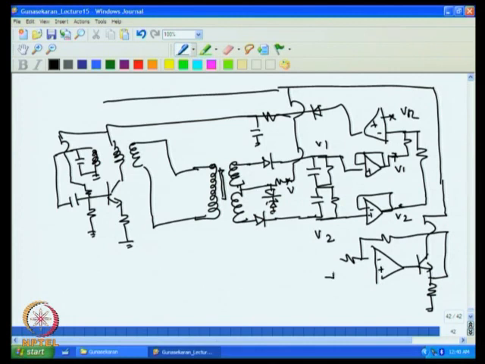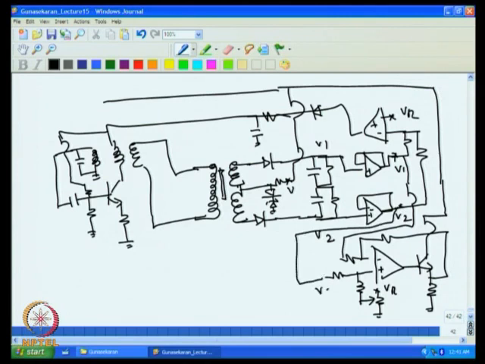And then we had this input voltage to V2, and then to offset the voltage this is given to V reference and then connected to this. So this is connected to V1 and the other input is connected to V2.